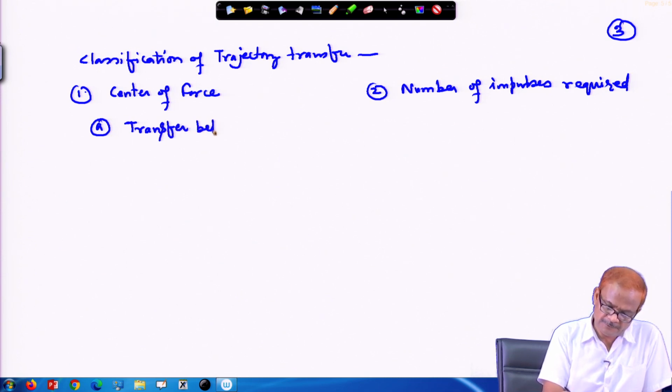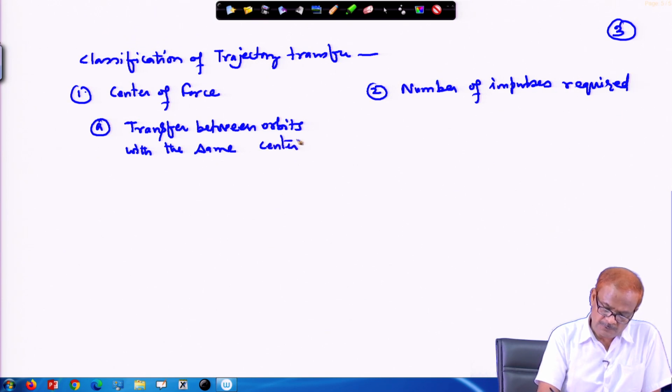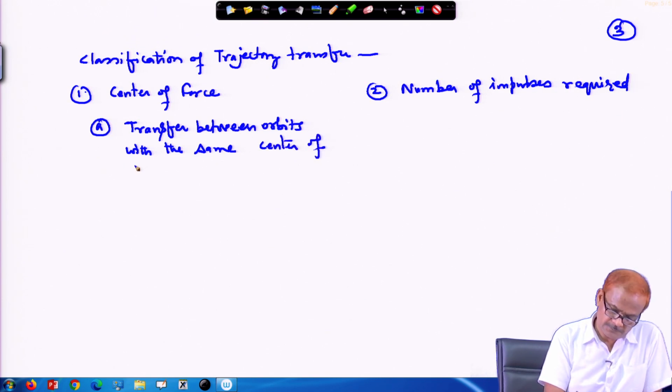Transfer between orbits with the same center of force.